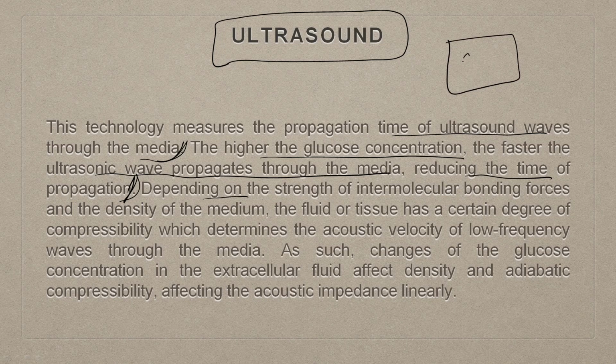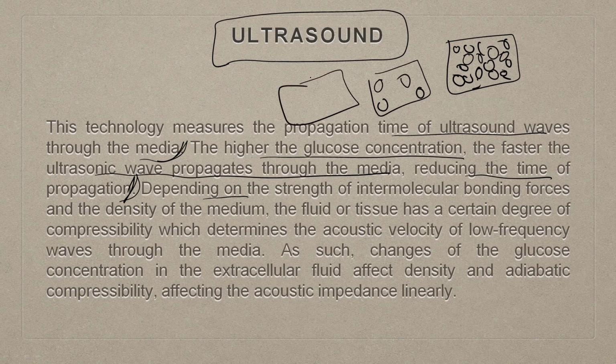When we talk about a solid substrate, it is something like this, where the sound travels very fast. When you talk about a liquid substrate, it is like this, and when we talk about the gaseous surface, it is something like this. Now, say for example, this is a liquid, and you are increasing the number of glucose moiety. What will happen?